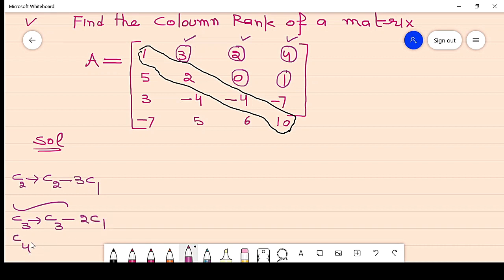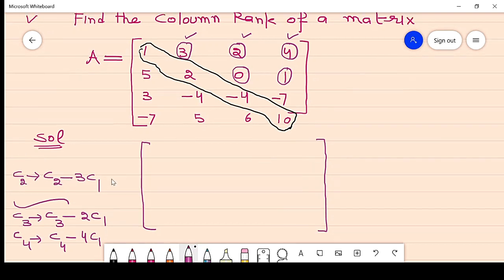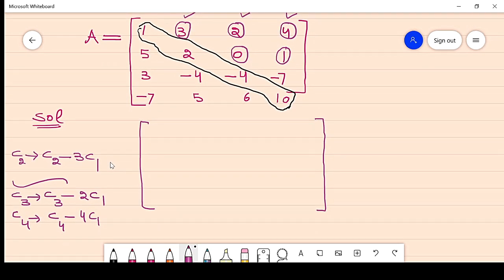Similarly, C4 is C4 minus 4C1, because the first entry is 1. If we operate in this way with column operations, all of these entries will be 0.